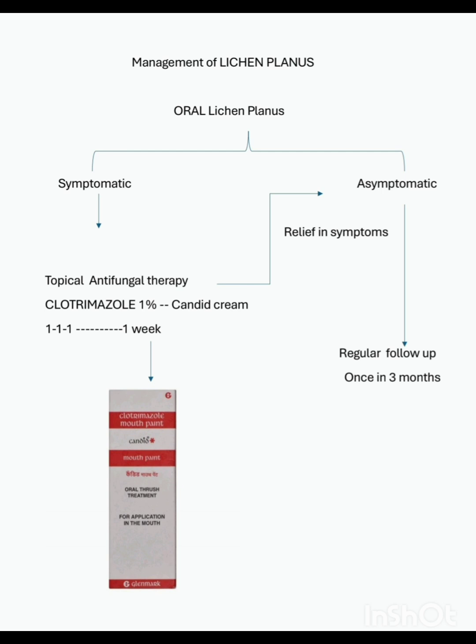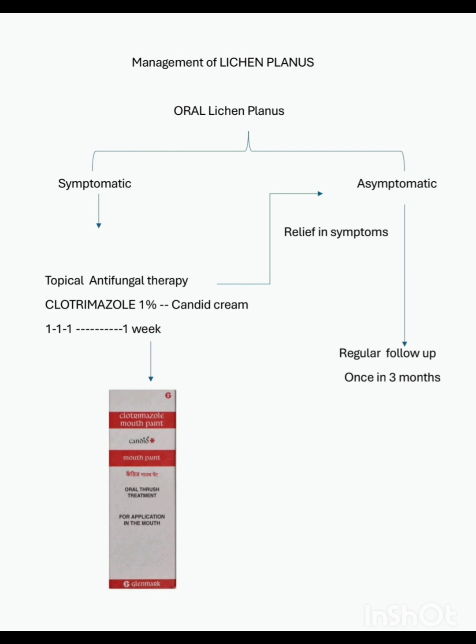Now let's discuss the management of lichen planus. First and foremost, we need to identify whether lichen planus is symptomatic or asymptomatic before deciding on treatment. If the condition is asymptomatic, advise regular follow-up every 3 months. The treatment modalities change in new cases and recalcitrant cases, depending upon whether the condition is symptomatic.